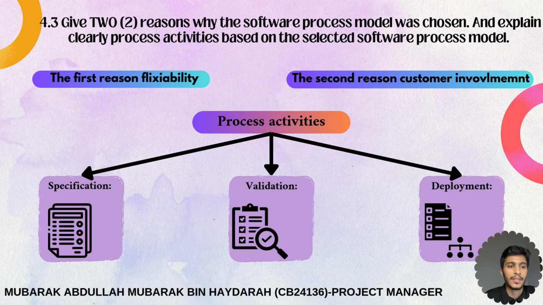The validation is the completed functionalities are shown to Shopee administrative in sprint reviews, ensuring the product meets expectations of the user. The last one, deployment: features completed in an iteration are tested and deployed incrementally.